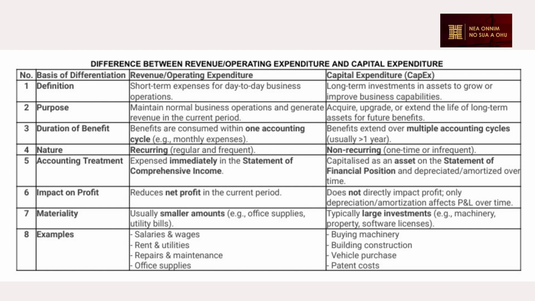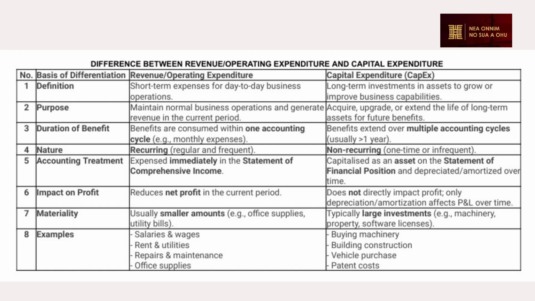And so typically, these are expenses, the benefits of which get to be consumed within a single accounting period. For instance, maintenance expenses or wages and salaries. That is an expenditure, the benefits of which is expended within a single accounting period.